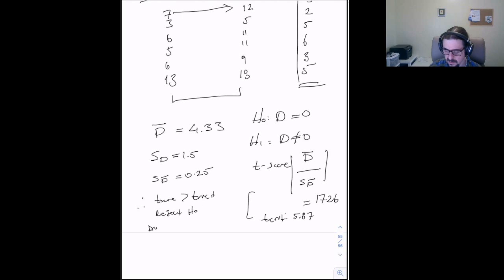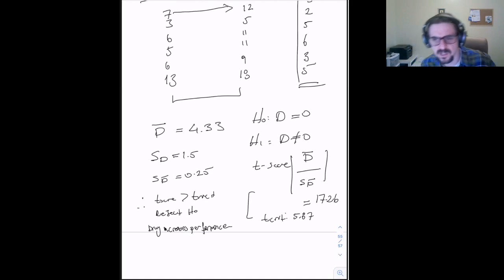Drug increases performance. So basically, when we did the unpaired t-test, where the two groups are separate, versus the paired t-test, where the groups are the same and you're just treating before and after and measuring the outcome, we can say that this drug increased performance, right?